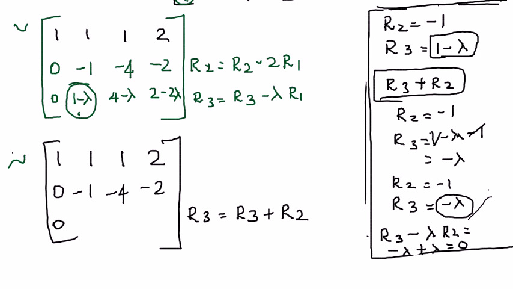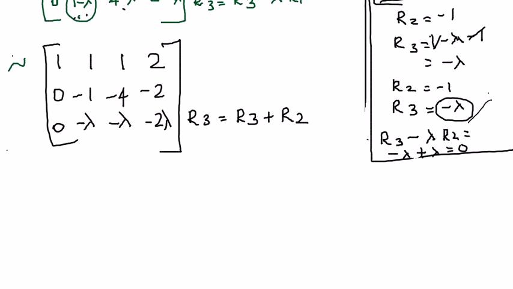This, when I add with this, becomes minus lambda. Then you look at this, it is 4 minus lambda minus 4, so 4 and minus 4 get cancelled, and you'll be left with minus lambda. And here it will become 2 minus 2 lambda minus 2, so 2 and minus 2 get cancelled, and you'll be left with minus 2 lambda, right? Now the next step, we'll write R1 and R2 as it is first.